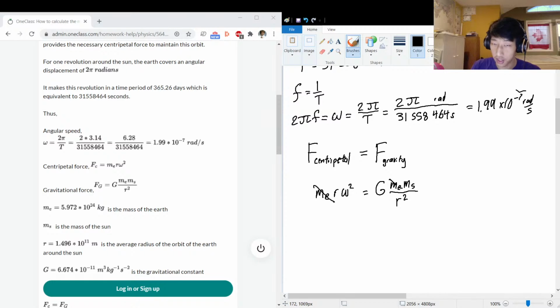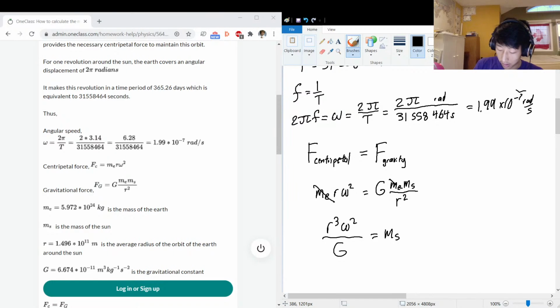Then we multiply both sides by r squared to neutralize the r squared on the bottom of the right side, and divide both sides by big G. So we're going to have r times r squared, that's r cubed, times omega squared, the whole thing divided by G. And that is equal to ms.